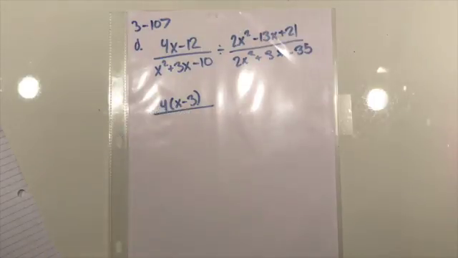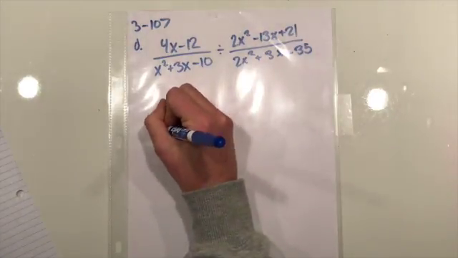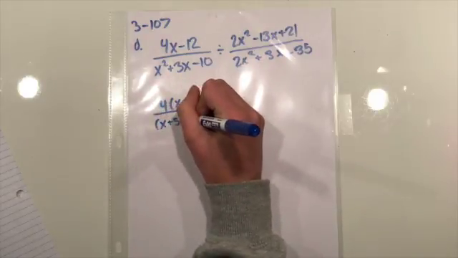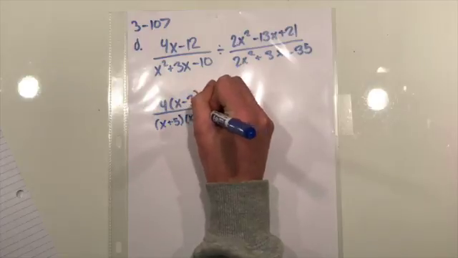For the next one, if we do the box and the diamond, we end up with (x plus 5)(x minus 2).